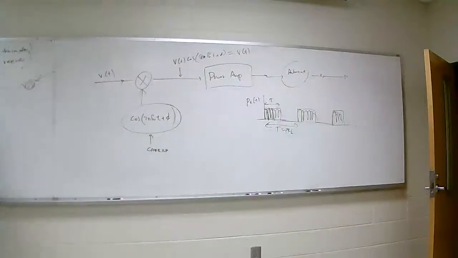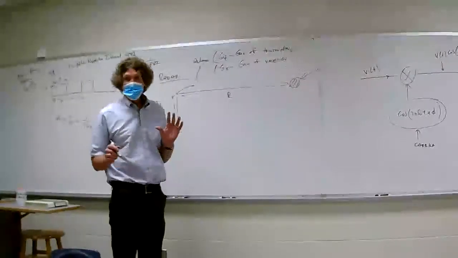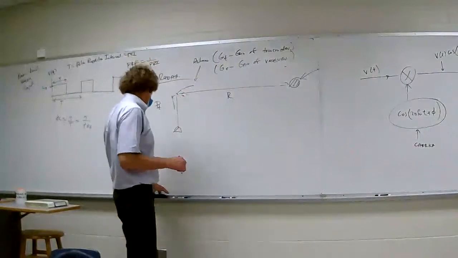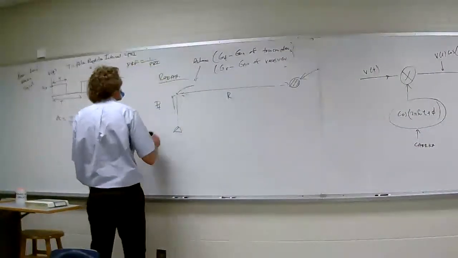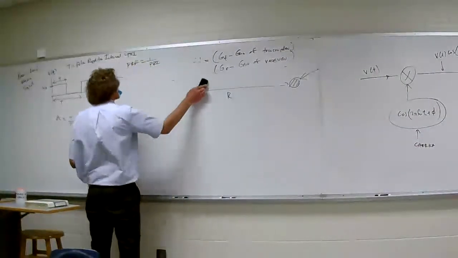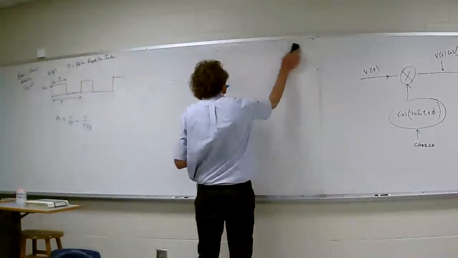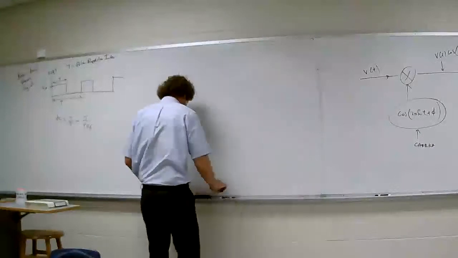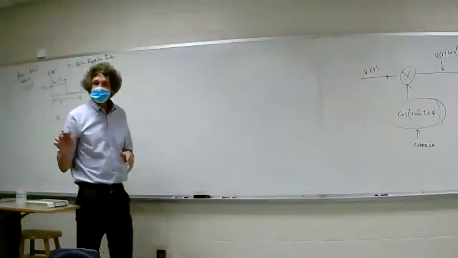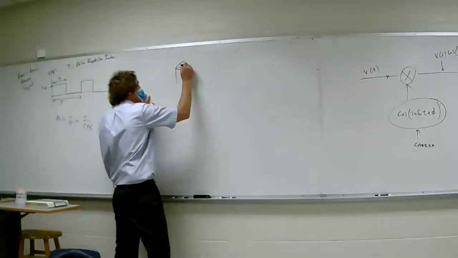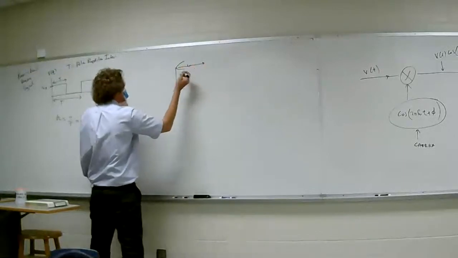So we send that out, and now we have to think about things logically. Let me erase this. I want you to listen to me on this one, because I want to make sure you see it. I have an antenna, and I'm launching a signal.